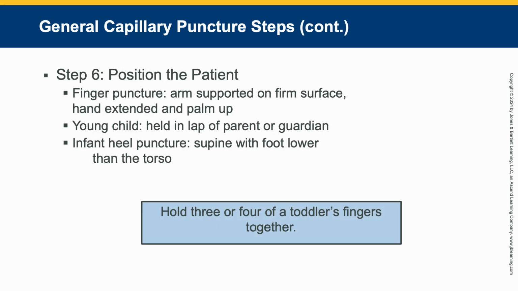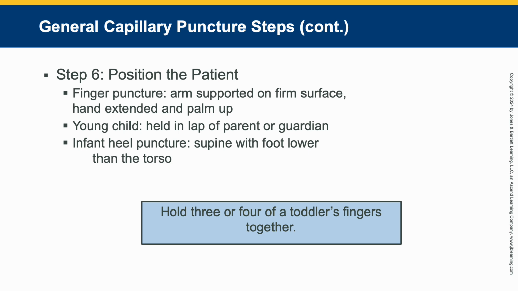On this slide, step 6, you're going to position the patient. If it is a finger puncture, their arm needs to be supported on a firm surface. Their hand needs to be extended palm up so that you can see. If it is a young child, they're going to be held in the lap of a parent or guardian.